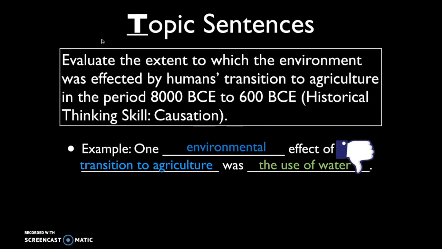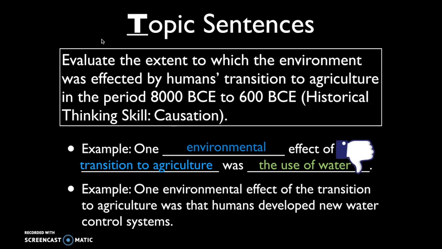Now, is it okay for you just to take what you wrote in your thesis and then rewrite it in your topic sentence? Yes, as long as what you wrote in your thesis is solid and clear, then that's okay. So for example, a topic sentence like this: 1 environmental effect of the transition to agriculture was that humans developed new water control systems. A lot more clear, a lot more specific. So that's what we're shooting for with our topic sentences.